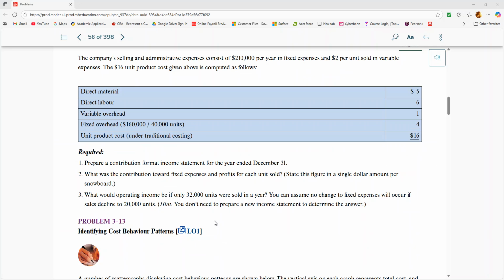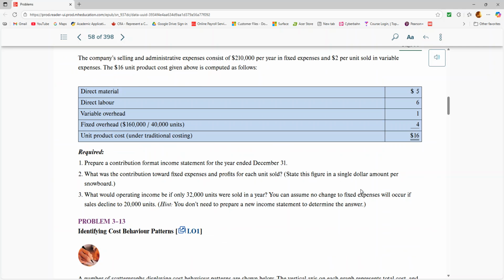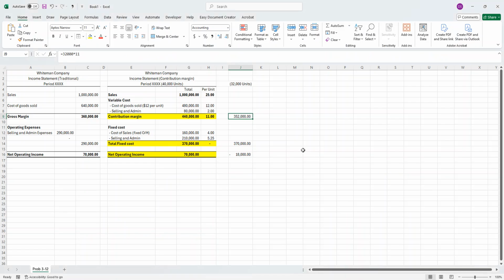We already know that with the decrease of sales from 40,000 to 32,000, we are already in a net loss position. So here the question is, if sales declined to 20,000, so now the 40,000 sales declines by 20,000 units, what will happen to the company?